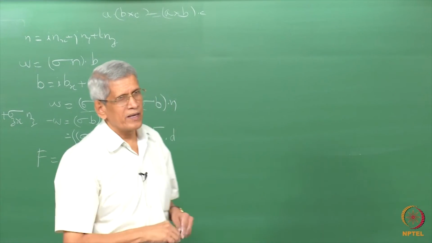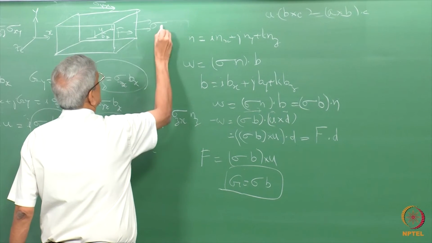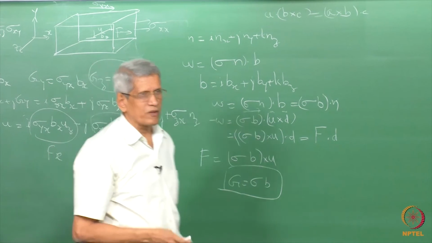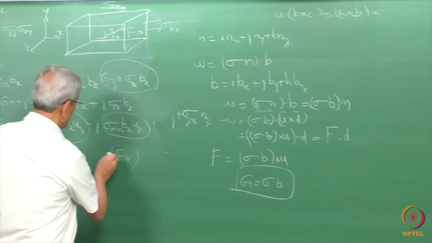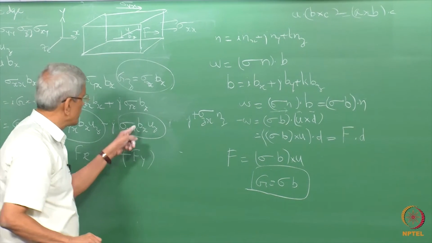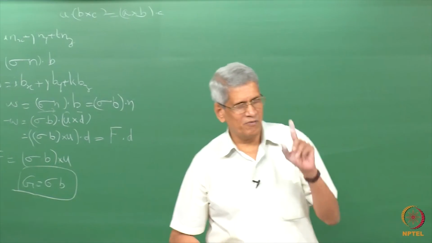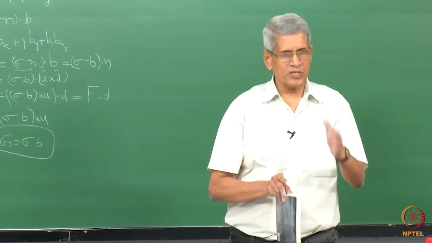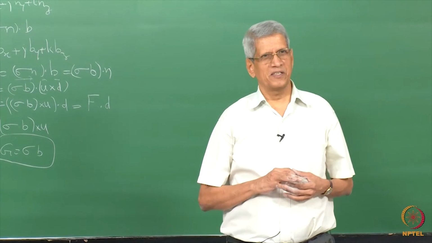Suppose we apply a tensile stress on this face, that is, a stress which is normal to this x surface. Then the force which is going to act is this, Fy. So you can immediately see that the force is in the y direction. That means the application of a tensile stress, which we qualitatively tried to understand by looking at the demonstration, becomes obvious from this mathematical expression itself.